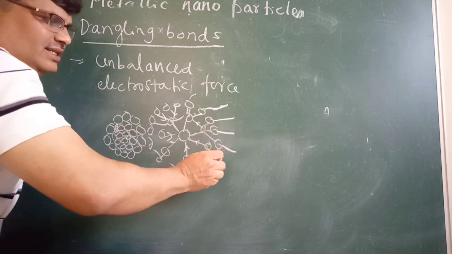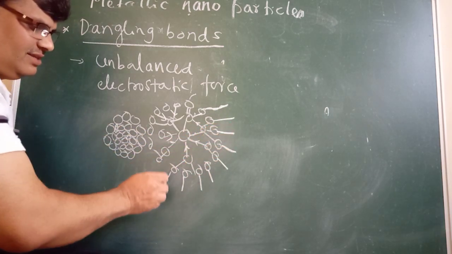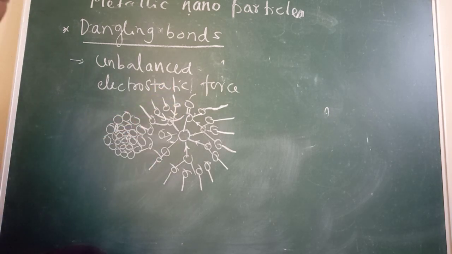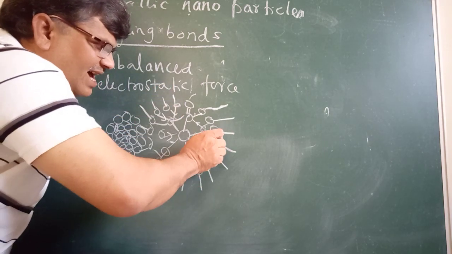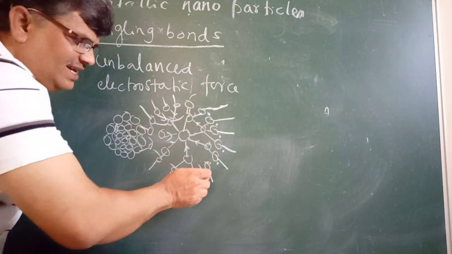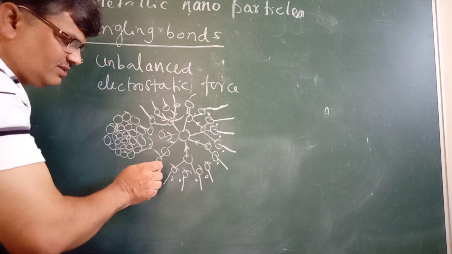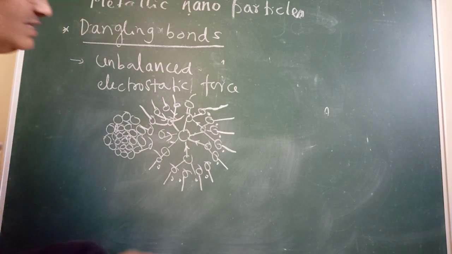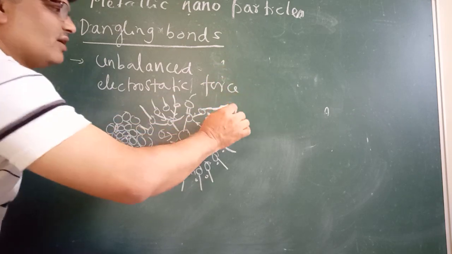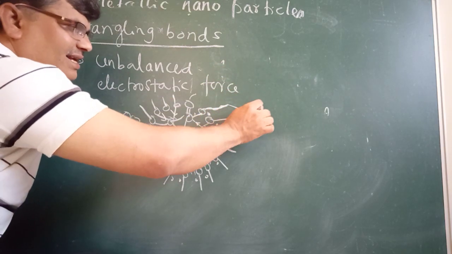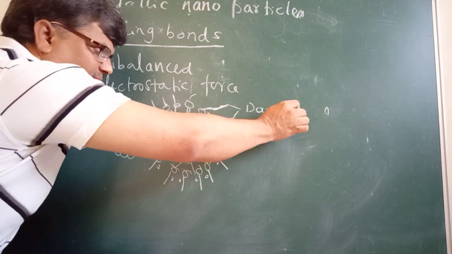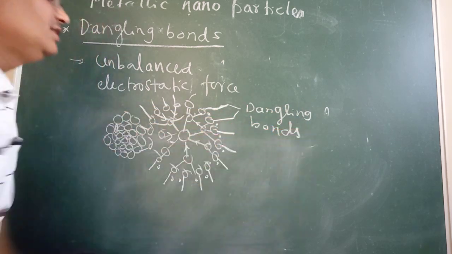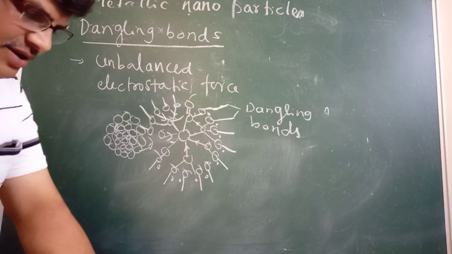Outside, the bonds are free, and they also have free electrons, because the electrons are not bound anywhere. This type of bond is called a dangling bond.